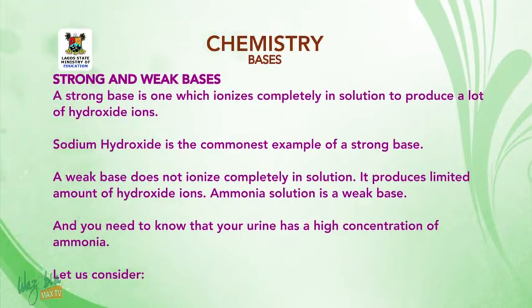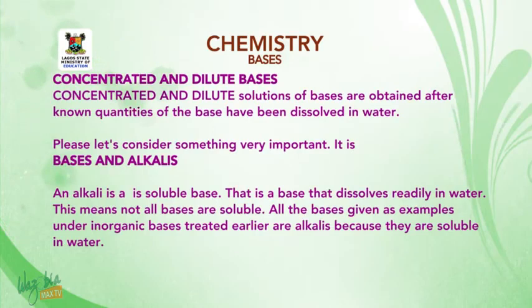Let us consider concentrated and dilute bases. Concentrated and dilute solutions of bases are obtained after known quantities of the base have been dissolved in water. Please let's consider something very important: bases and alkalis.